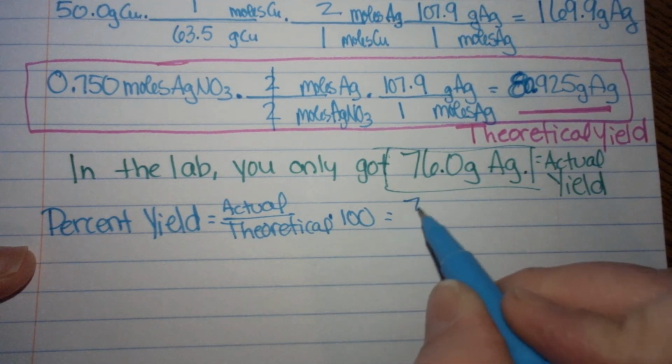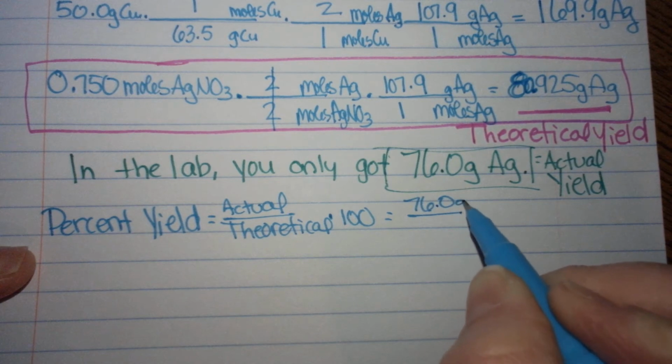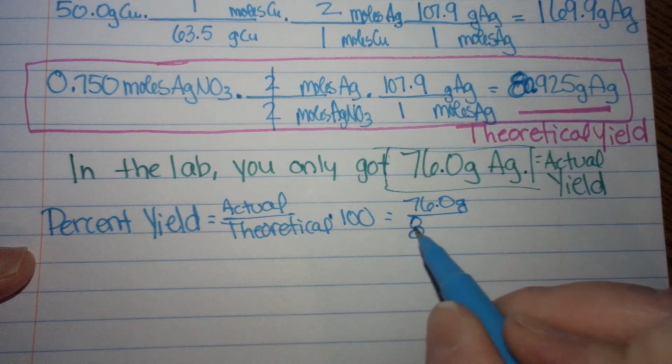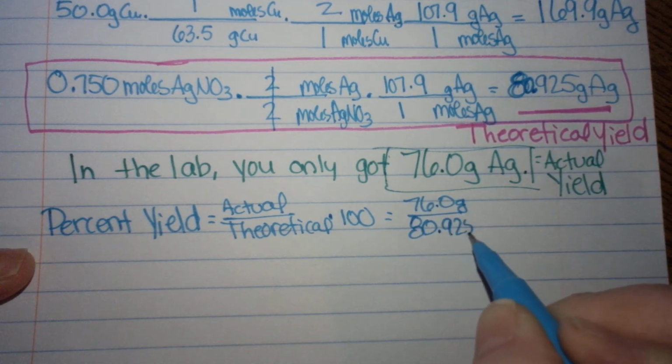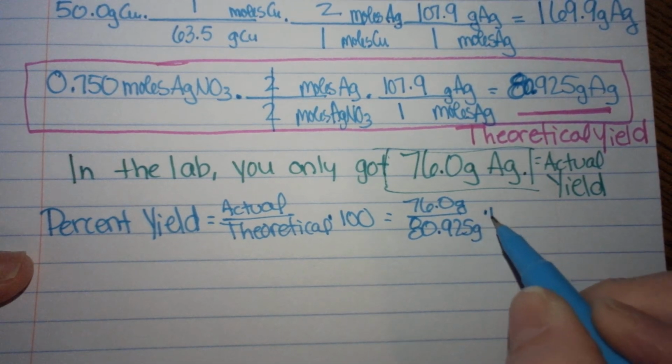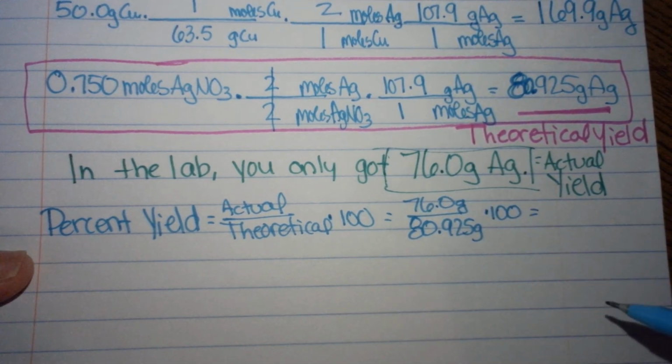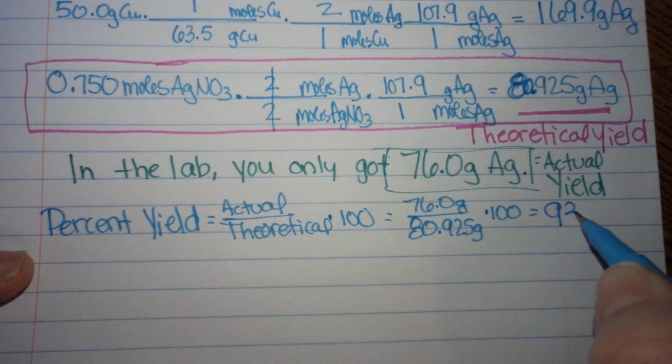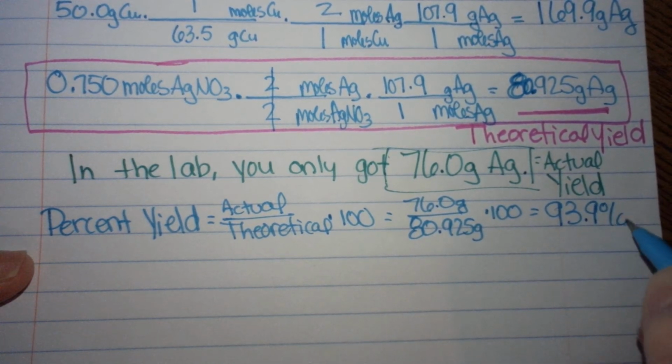So 76 over 80.925 times 100 gets us 93.9%.